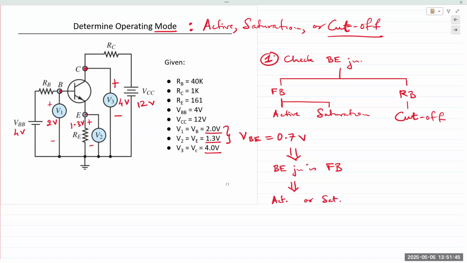For an NPN transistor, if we determine VBC, if VBC is forward biased, then it would be saturation. If VBC is reverse biased, then it's active. So check VBC.